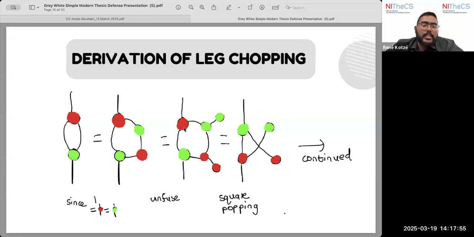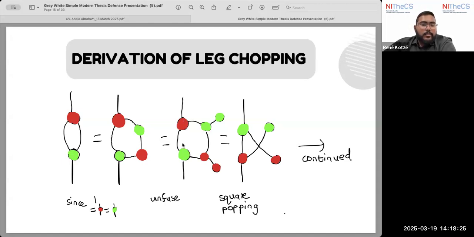And now once I have this third diagram here, we see that there is a square here with alternating red and green spiders, and we can apply the bialgebra rule in the form of the square. And when we're talking about the bialgebra rule for squares, we call it square popping. So if we do that square popping rule, we get this diagram right here.